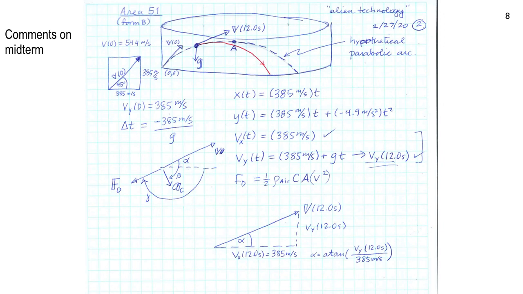Now the other question was the magnitude of the drag force, which is 1/2 rho of air times the coefficient of drag times the area times v squared. And so you have to square whatever this is, and then square 385, and then put it in here, and then do the rest.